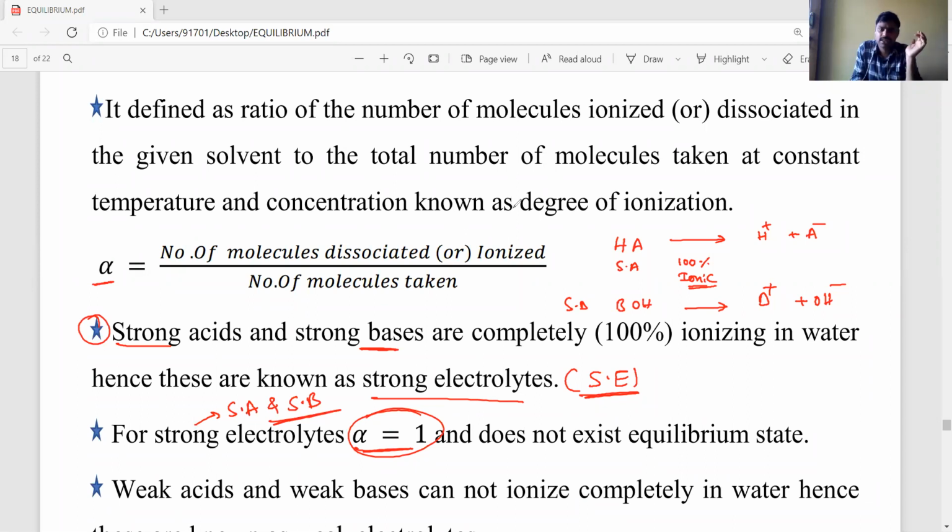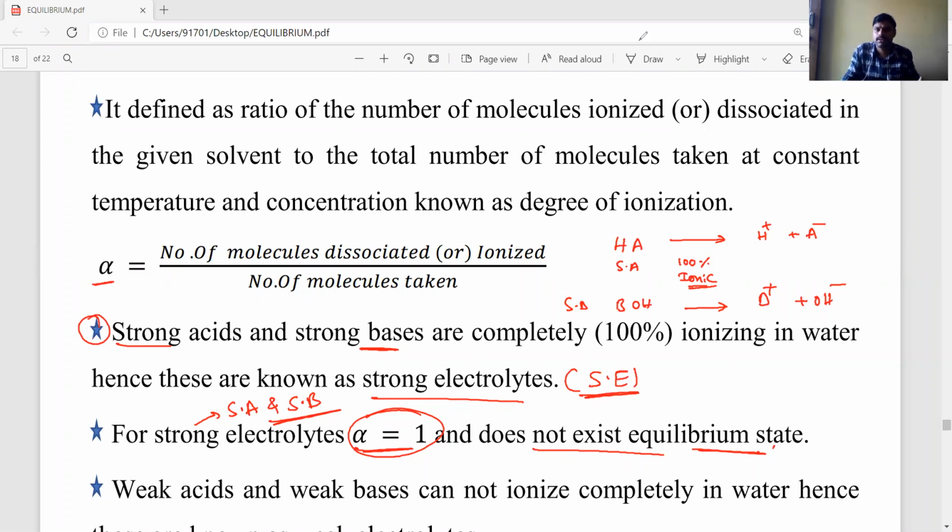In that case, equilibrium does not exist, because it is only an irreversible reaction. For strong acids and strong bases, only the forward irreversible reaction takes place. There is no reversible reaction. That's why alpha equals 1 means no equilibrium state exists.